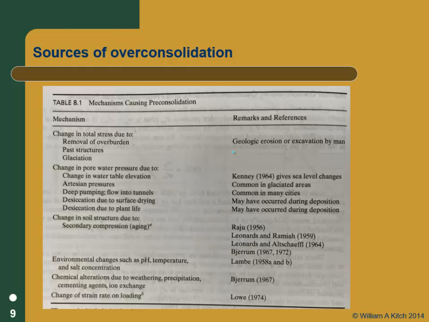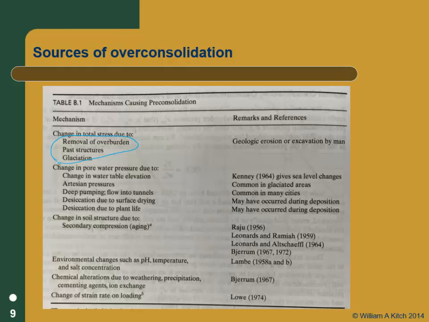Well, that's one way you can get a preconsolidation stress, and that's this first block here, where you're basically removing overburden somehow. Either it was geologically removed, in other words erosion unloaded it, or in the case of glaciation, you had glaciers around for a long time and they retreated, or it could be man-made. An embankment was there, or some structure was built and then removed. That's the one we think about the most, and that certainly is a form of getting preconsolidation.